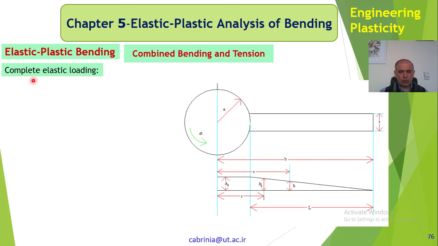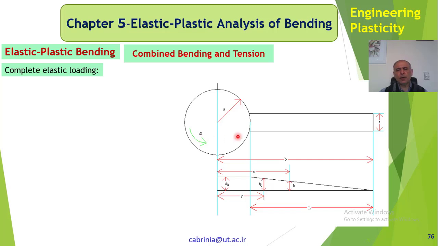We want to analyze this problem for elastic, plastic and completely plastic loading. In other words, what is the load here? The load here is the centrifugal force, because we have the weight of this disc and this blade, and they are rotating with the angular velocity omega.